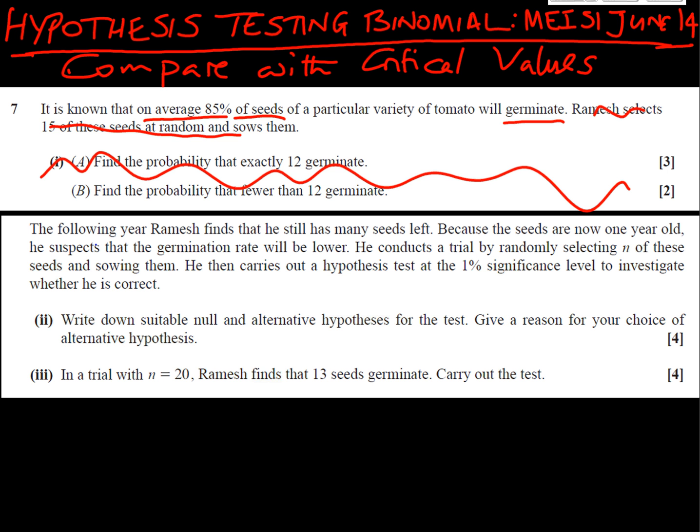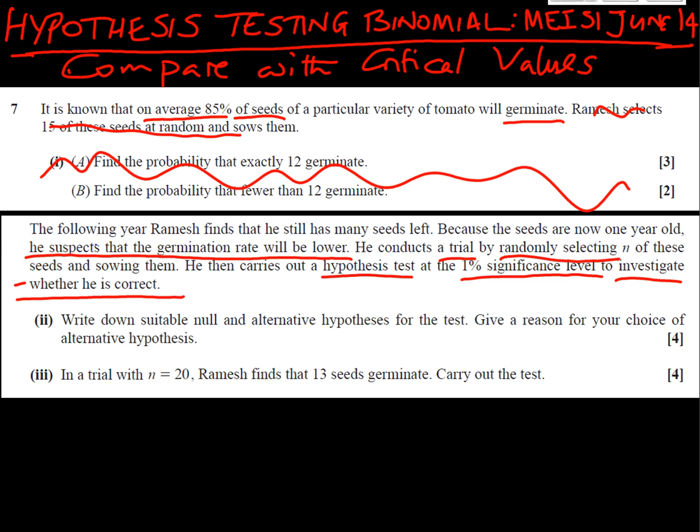The seeds are now 1 year old. He suspects that the germination rate will be lower. He conducts a trial by randomly selecting n of these seeds and sowing them. He then carries out a hypothesis test at the 1% significance level to investigate whether he is correct.